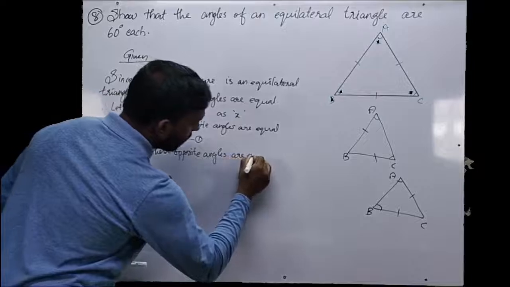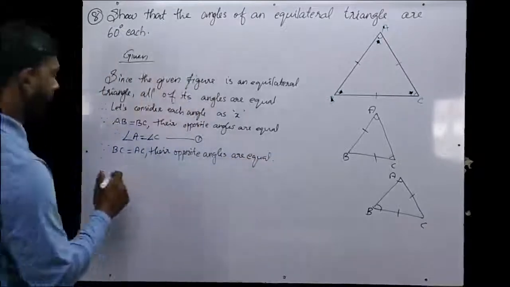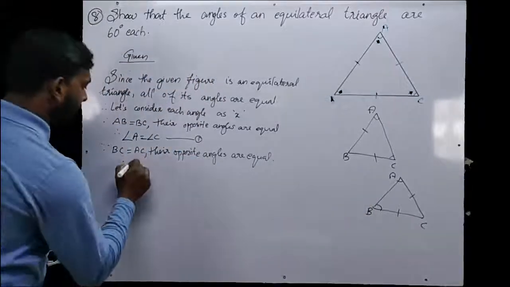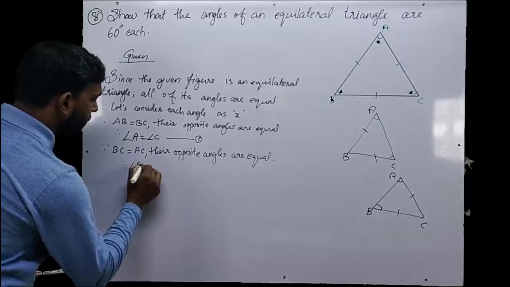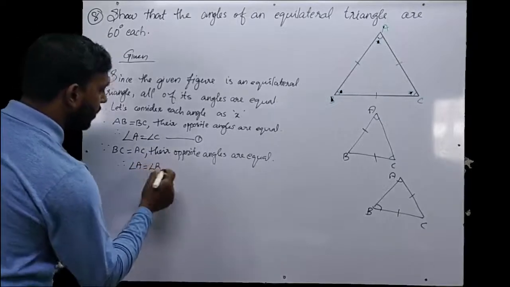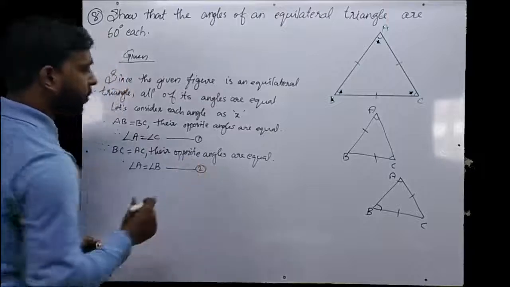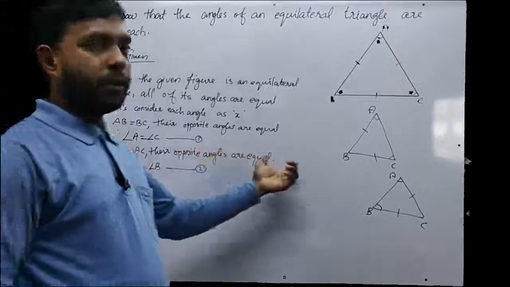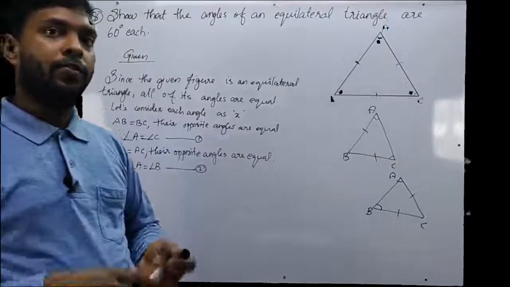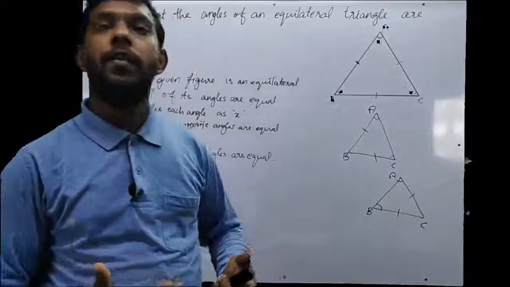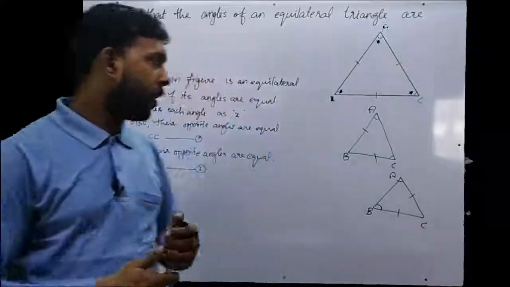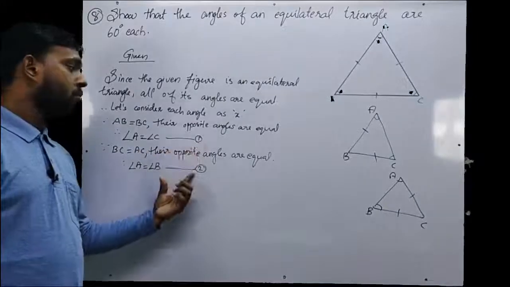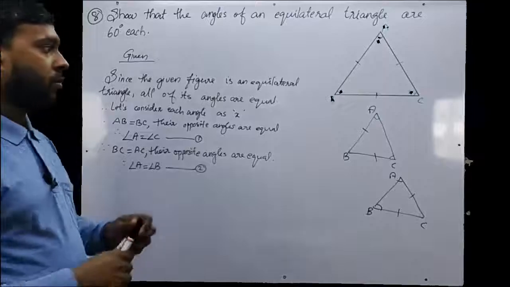Therefore, we can say angle A is equal to angle B. Let's put it as equation number 2. So we have used the property of triangles, which says if two sides of a triangle are equal, their opposite angles are equal, in order to derive these two equations from this question.